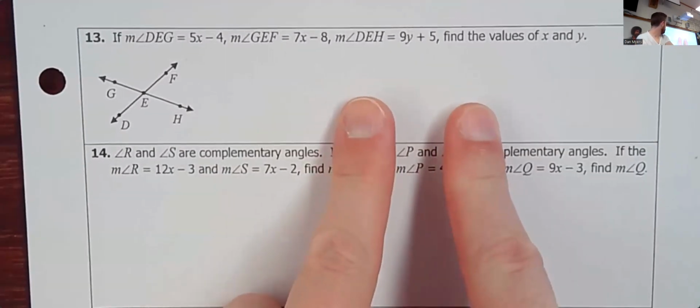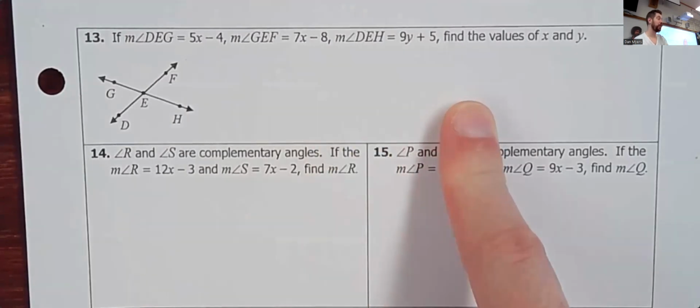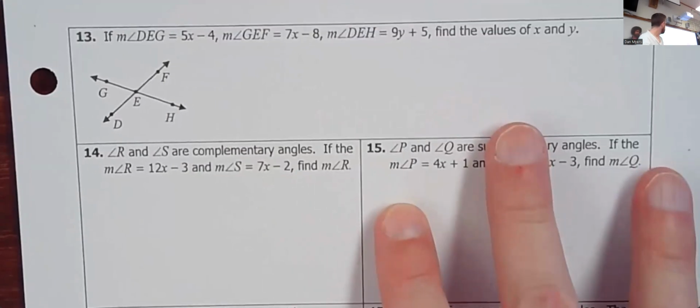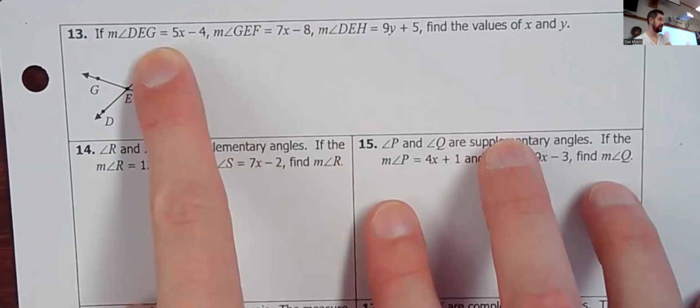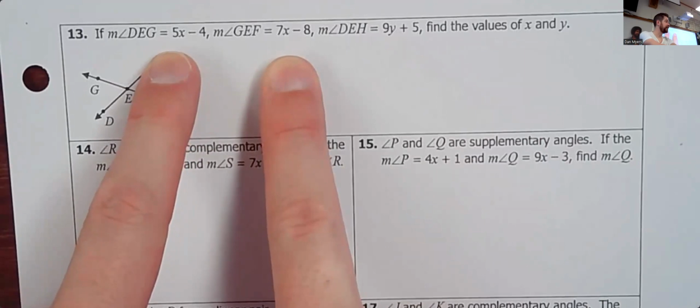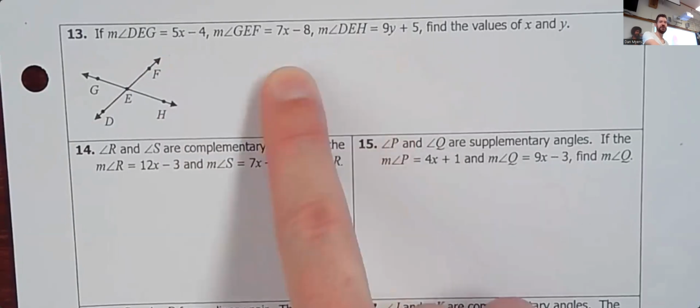It doesn't really increase the difficulty that much, but it does make sure that you need to do one thing before the other. So in order to actually solve this, you have to figure out x first, because that's the variable that shows up twice. The only way to solve for a variable is to be able to write an equation with it. And if we write an equation with y first, it would also include x.